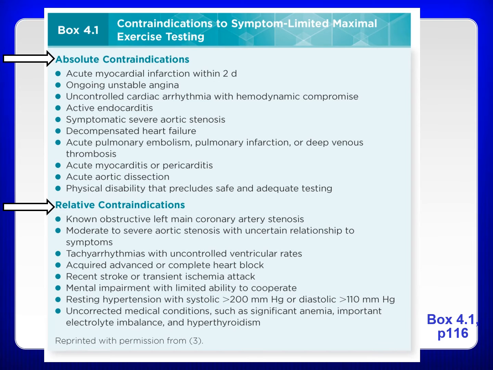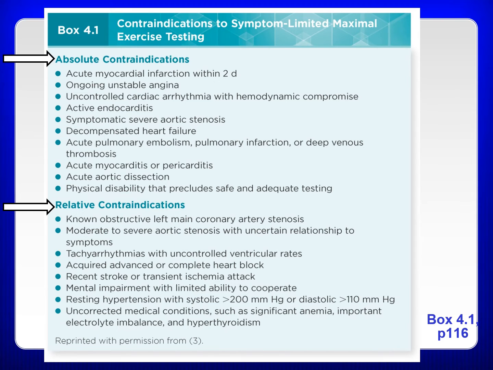The relative contraindications mean that it's not an absolute don't do the symptom-limited maximal exercise test, but it's possible that unless a person is in the right setting, it would not be safe to do.